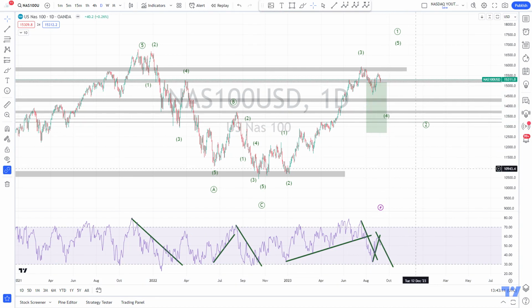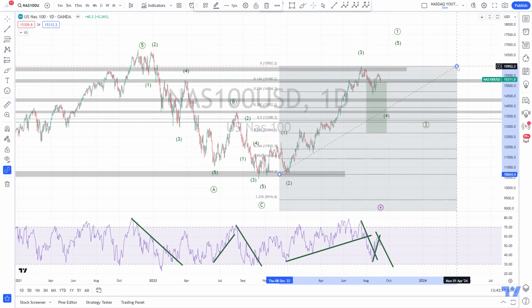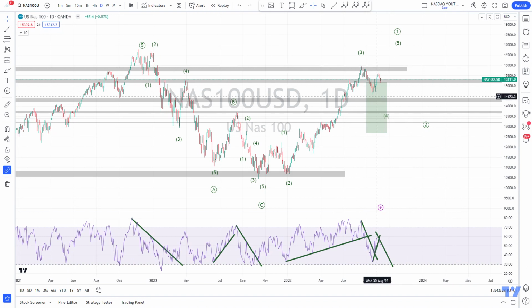This area is the area where our wave 4 should go. As you can see, we already entered this area. If we take the length of our wave 3, then we know that the wave 4 is supposed to go between the 0.146 and the 0.618 FIB retracement. So we entered this area.